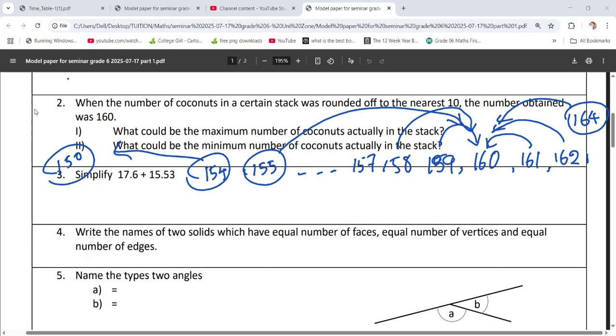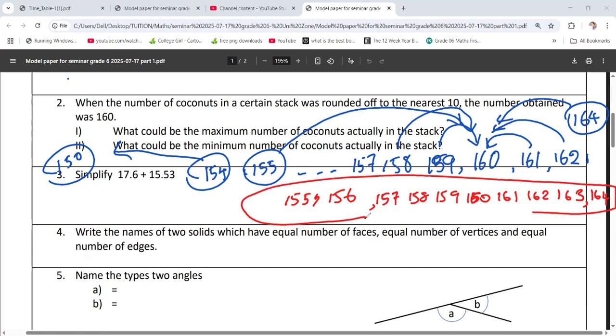So if the actual number of coconuts is 155, 156, 157, 158, 159, or 160, or 161, 162, 163, 164, if you have any of these numbers, all of them round off to 160.